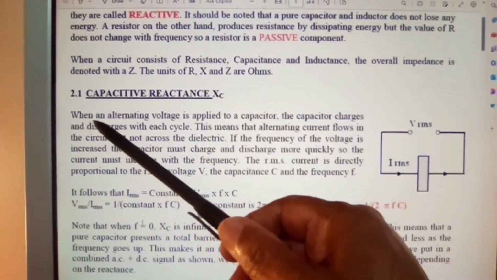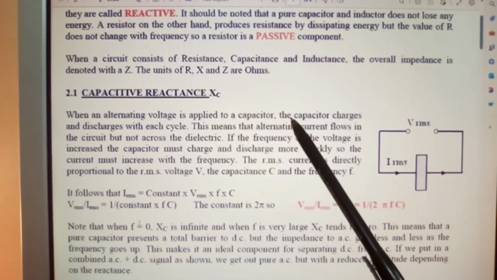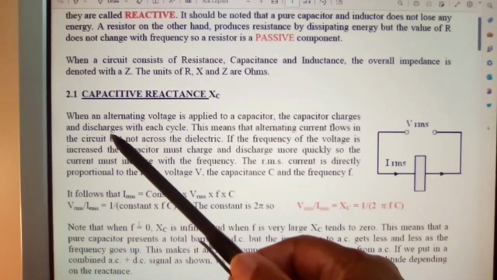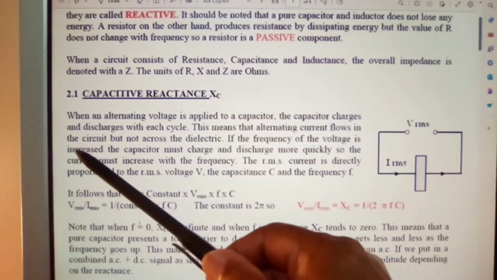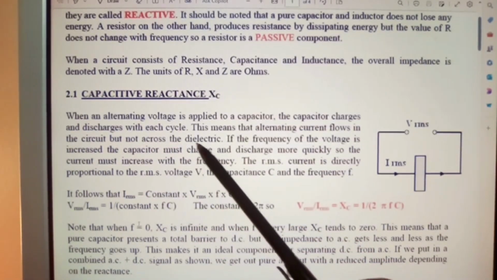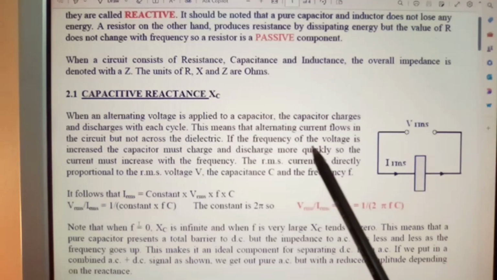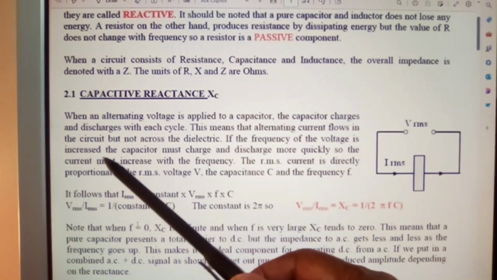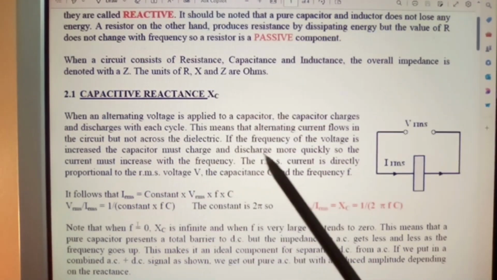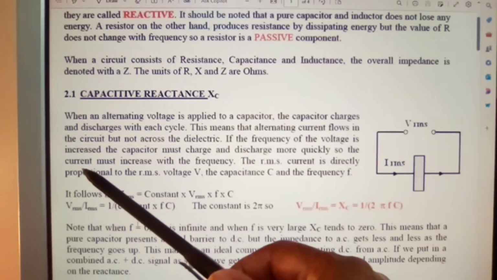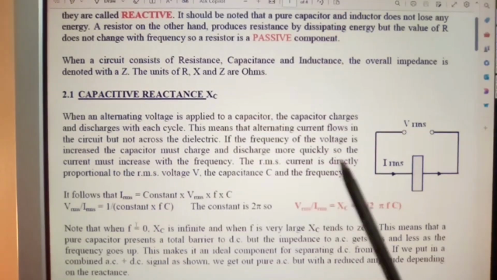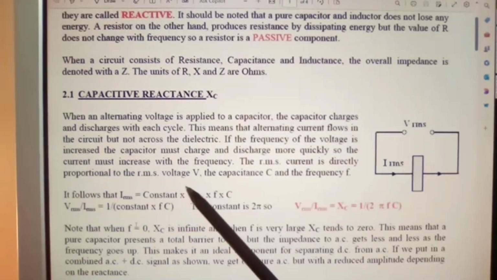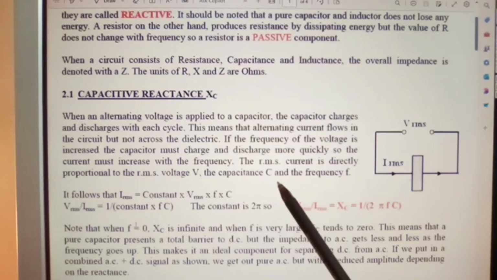This means that alternating current flows in the circuit but not across the dielectric. If the frequency of the voltage is increased, the capacitor must charge and discharge more quickly, so the current must increase with the frequency. The RMS current is directly proportional to the RMS voltage, V, the capacitance C, and the frequency F.